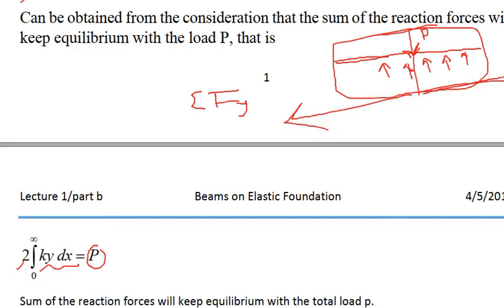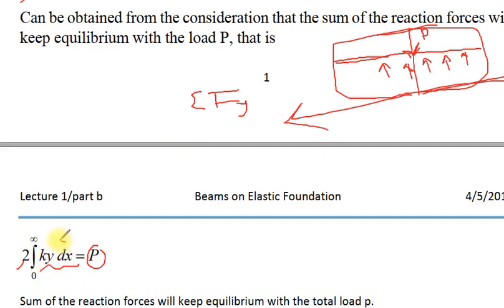This is one part from 0 to infinity. We have to multiply it by 2 so as to cover all the elements in infinity in plus and minus. So the integral of Ky dx equals P.